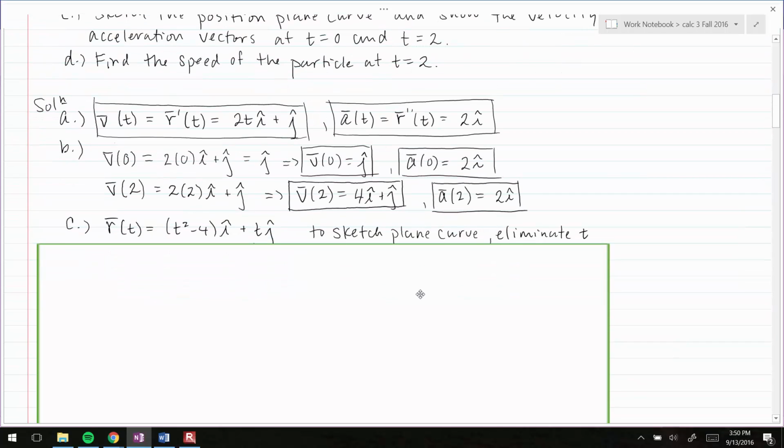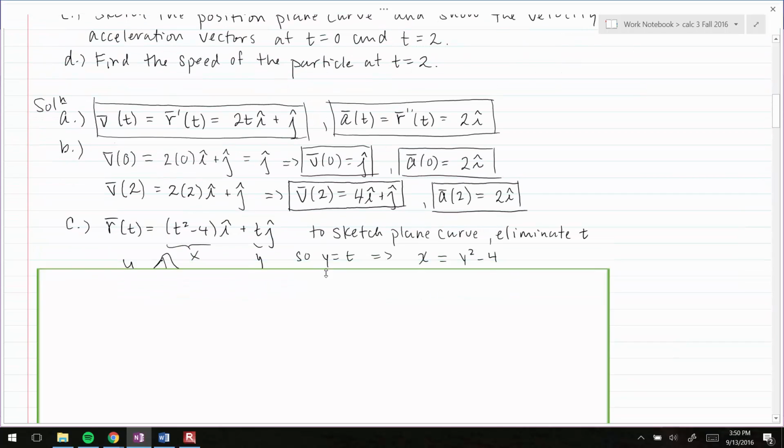So for this one, we notice some things. First of all, it's helpful to realize what component goes where. So the y is t, and the x is t squared minus 4. So it's easy to relate t to y, and then simply plug that into the t over here in the x equation.